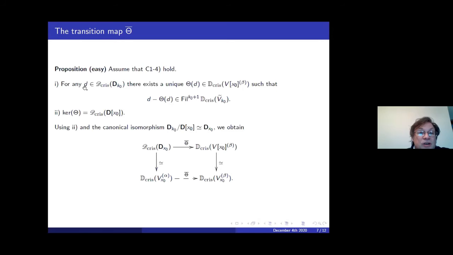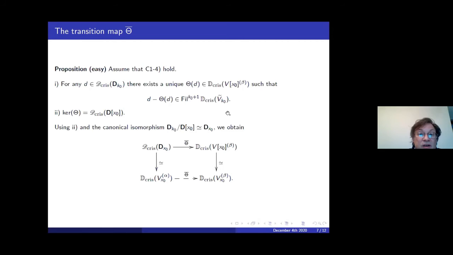So consider an element of D cris Dk0. Then one can find a unique element in the crystalline module of Vx0 beta, such that their difference lives in the K0 plus 1 filtration term of D cris of V tilde.